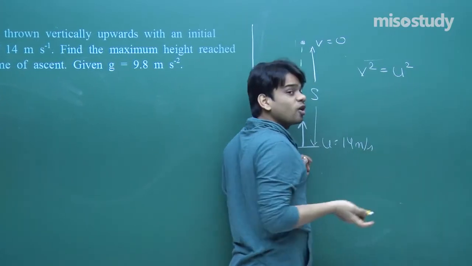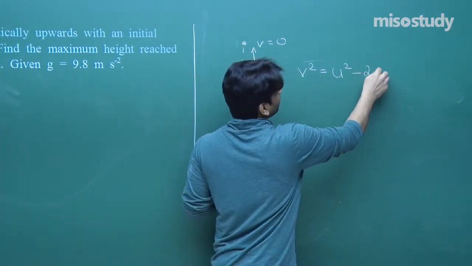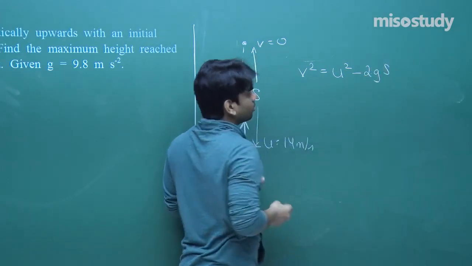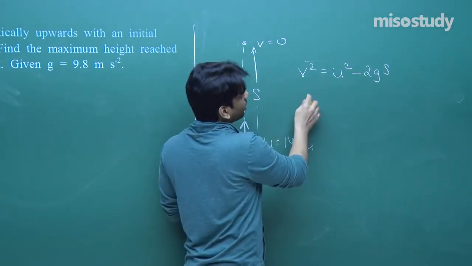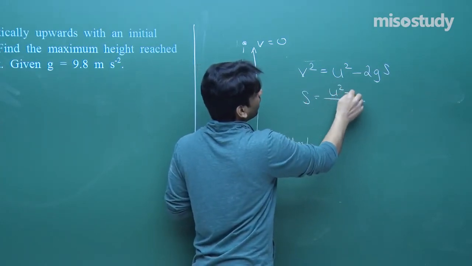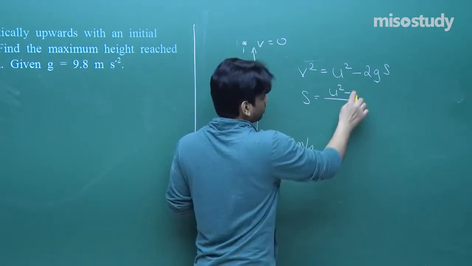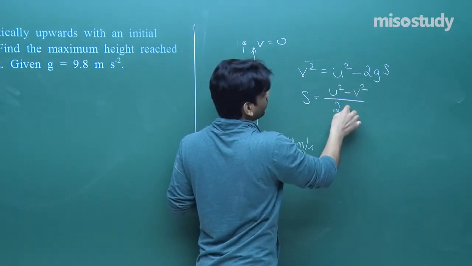Or since it's a case of motion under gravity, v square is equal to u square minus 2gs. That will be better. So from here you obtain the value of S, that will be equal to u square minus v square divided by 2 into g.